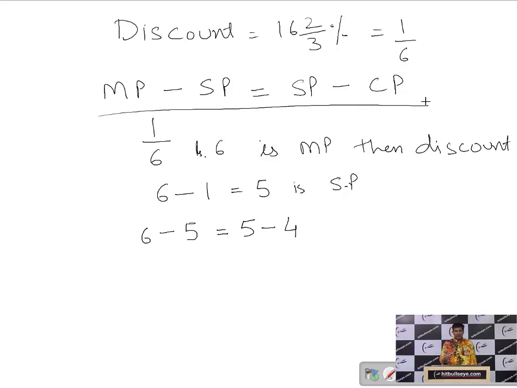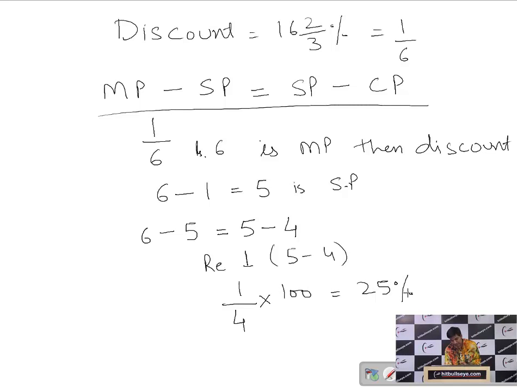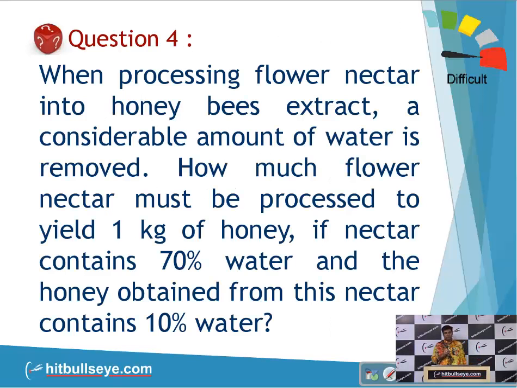Now here the profit element must be rupee 1, which is the difference between the selling price and cost price. Now what we need to calculate is percentage profit. Since profit is taken as a percentage of cost price, this rupee 1 as a percentage of cost price, which is rupees 4, expressed as percentage is 25%, hence the answer.